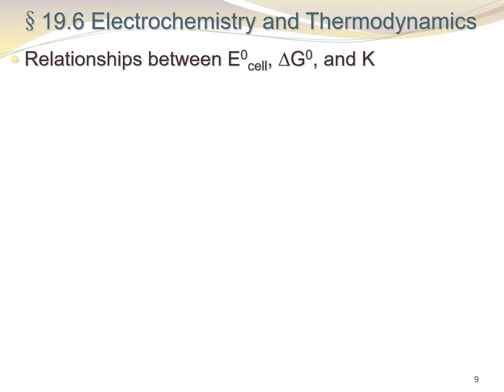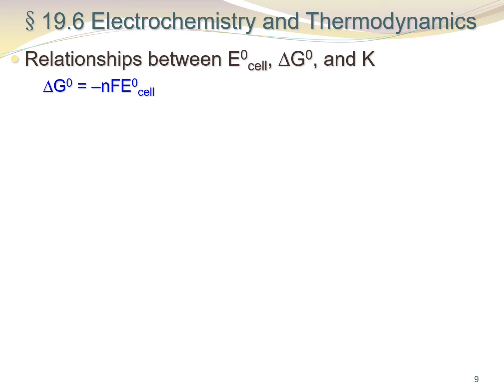Another feature I'd like to talk about here is how this standard potential can be related to delta G0 and K eq. These two are the ones we discussed in the last chapter, chapter 18. According to the Faraday equation, delta G0 equals negative n times F times E0 cell.